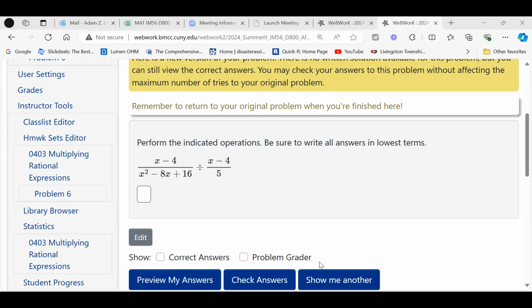So basically, turn the division into multiplication by using the reciprocal of the second fraction. Reciprocal is also a very useful term.